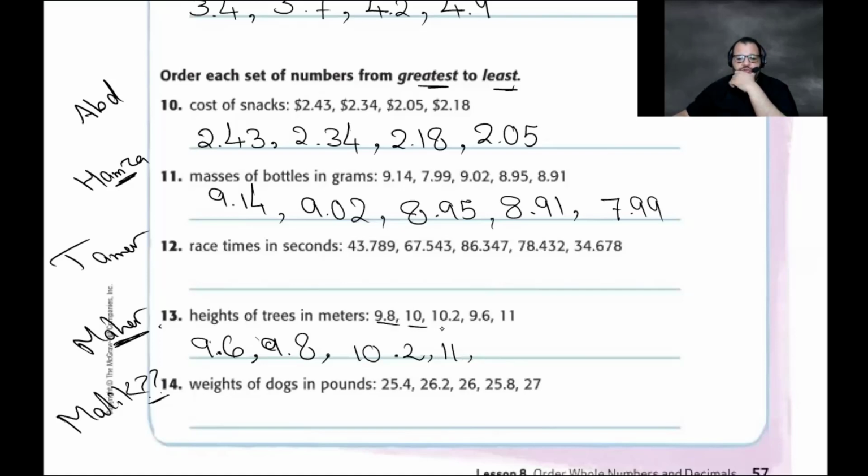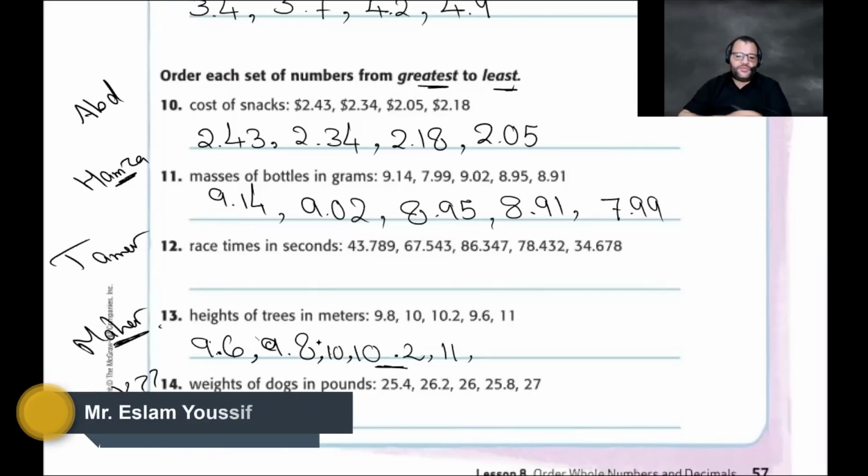Now you have 1, 2, 3, 4. There is no 5. What is the last number? I said 10.2. But there's no 10 in here. So I have to write 10 here? Yes.